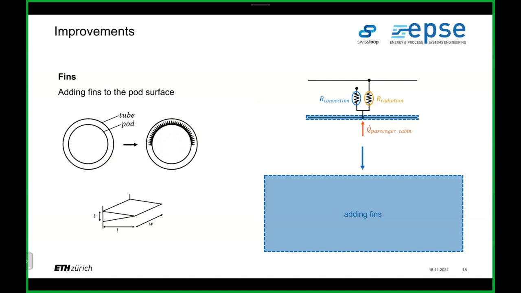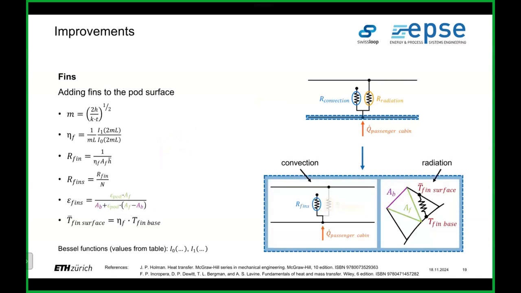So the thermal network is changed. The convection part, here we now have this thermal resistance of the fins, and it also has an influence on radiation, because, you can see it in this formula, the emissivity for the radiation is changed.